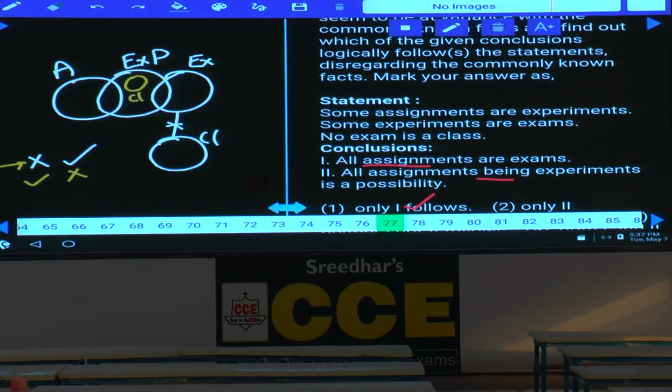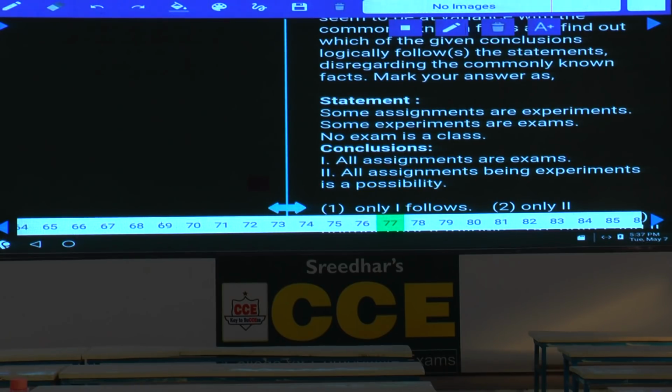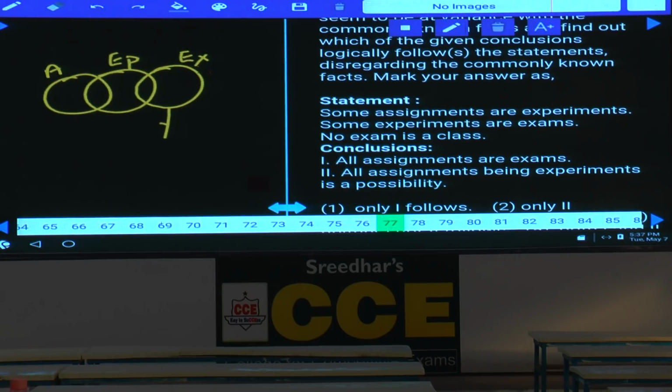Then question number 77. Tell me, what is your answer here? Some assignments are experiments, which can be written like this, assignment and experiment. And some experiments are exams. And no exam is a class, no intersection between exam and class.